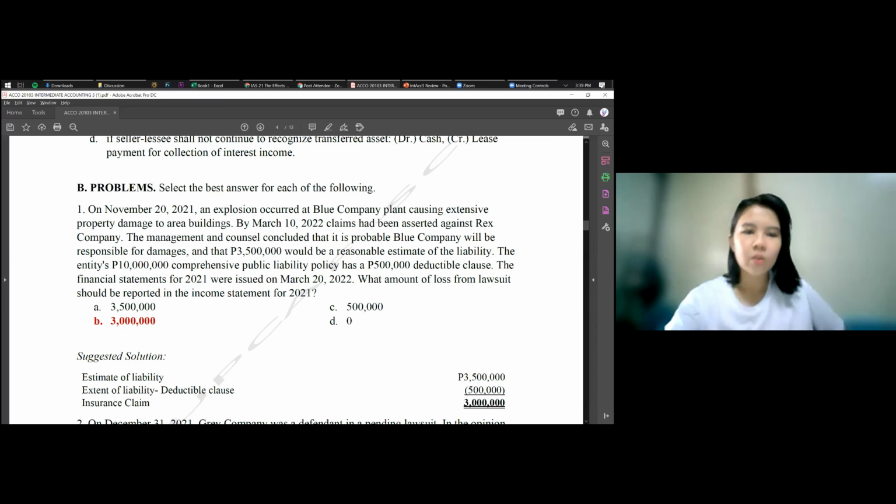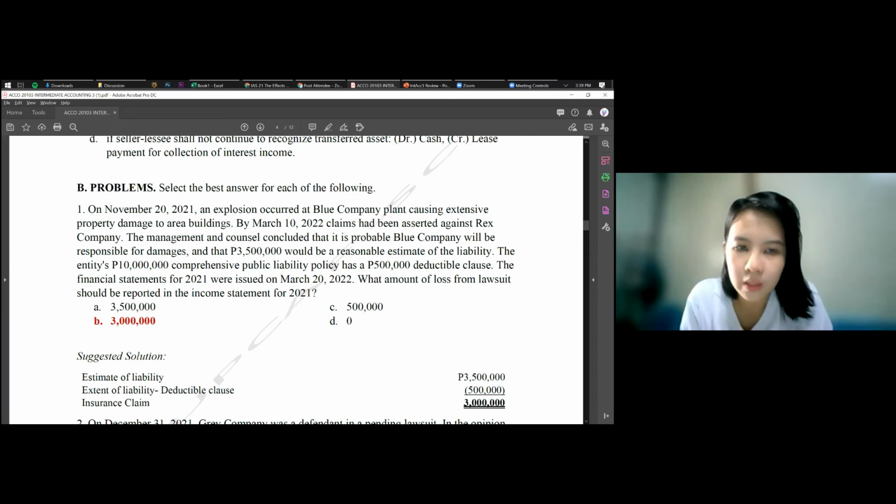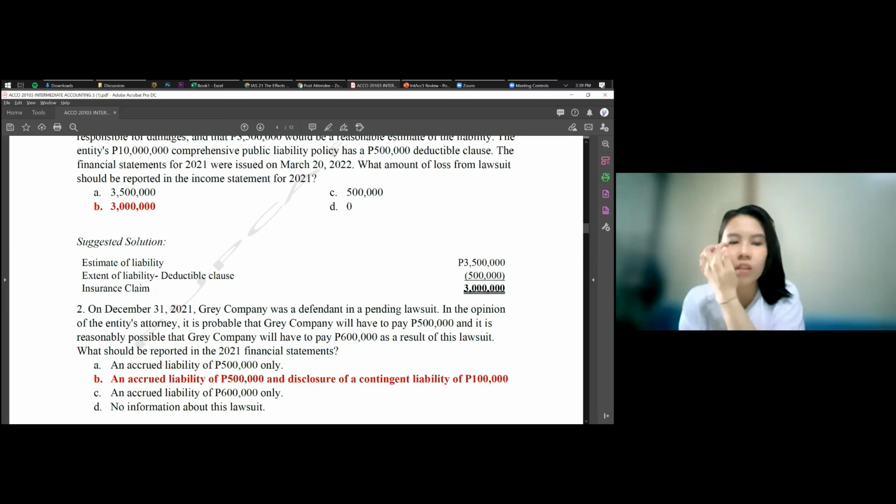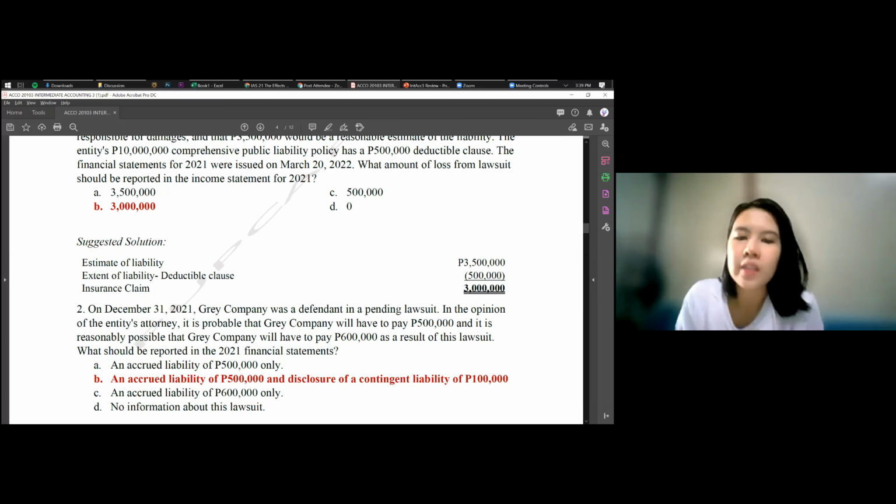Okay. So, sabi dito, noong December 31, 2021, si Gray Company ay defendant ng isang pending lawsuit. So, in the opinion of the entity's attorney, it is probable that Gray Company will have to pay 500,000. And reasonably possible na si Gray Company ay magbabayad ng 600,000 as a result of this lawsuit. Okay. So, yung unang estimate niya ay probable. Okay.